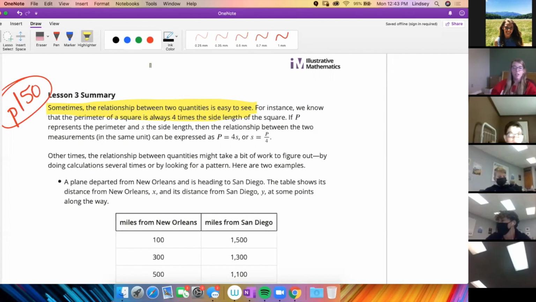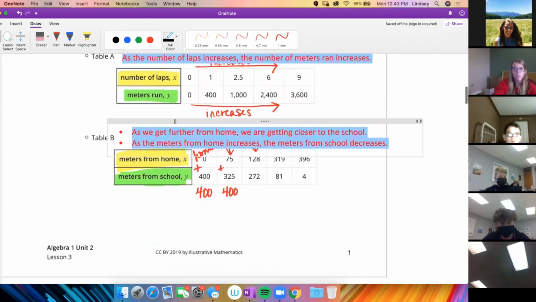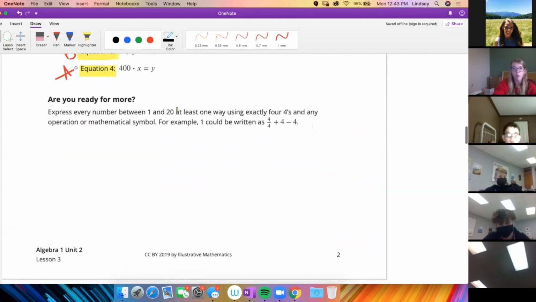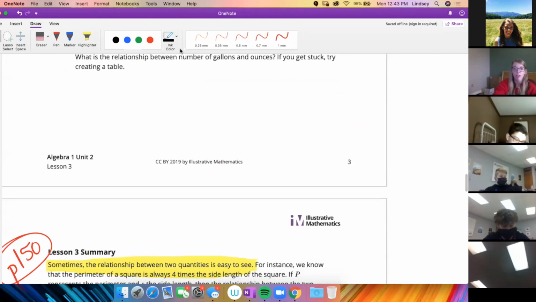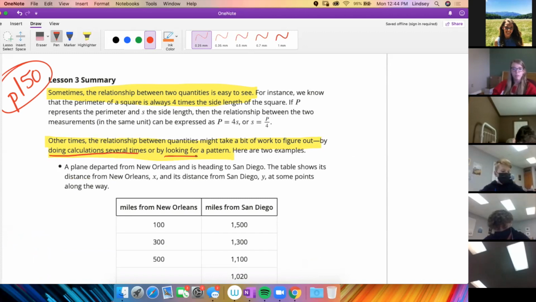That could be like when we were looking at the tables with the X and the Y. Those are really easy to see because there was only one operation happening between your X and your Y values. Other times, the relationship between two quantities might take a bit to work out. You can do that by doing calculations several times or by looking for a pattern. Those are some of the strategies that we talked about.